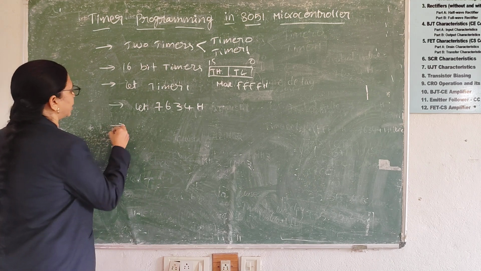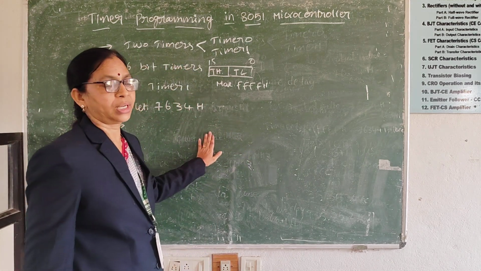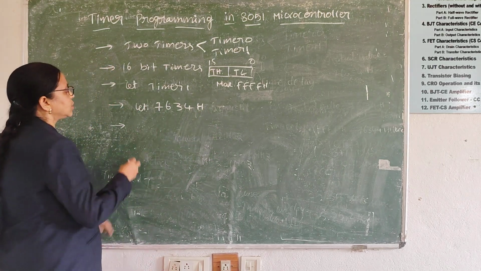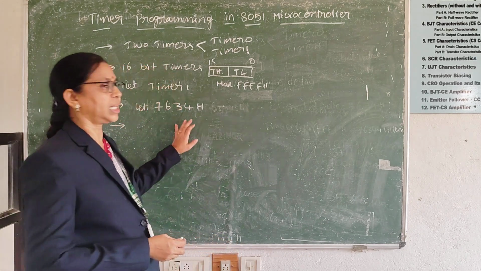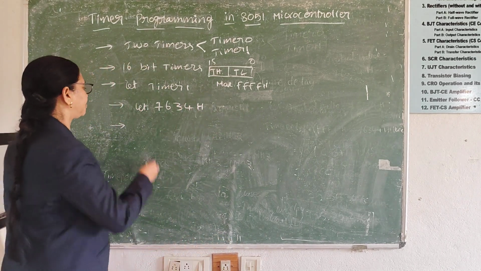Before writing the program, we have to select one of the four modes. There are two registers, TMOD and TCON, which control the timer operation.